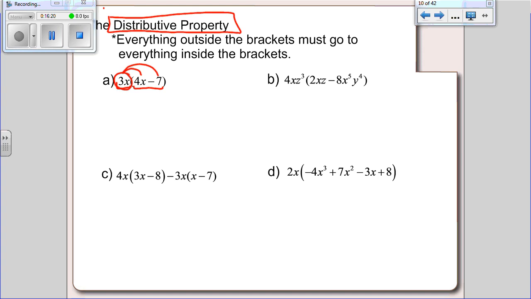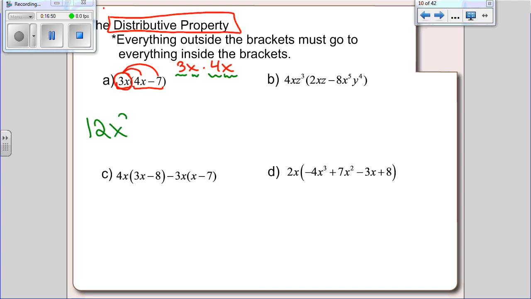So 3x times 4x. And when you're multiplying things together, I have a rule. I say numbers go with numbers and letters go with letters. Right? So we learned that last unit. So the 3 and the 4 would multiply together. That's 3 times 4, 12. And then x goes with x. Letters go with letters. x squared.